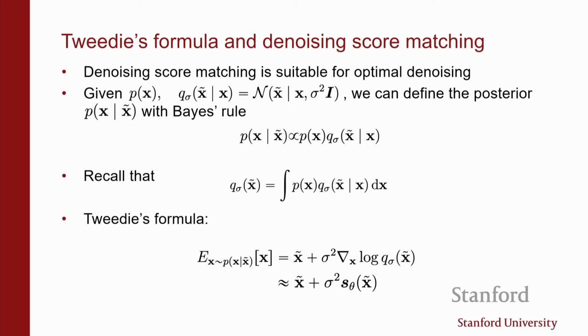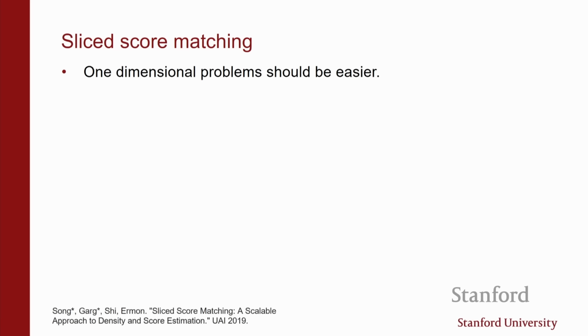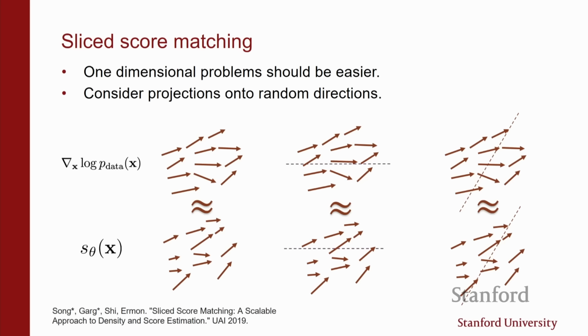Cool. So the other way to make things efficient is to take random projections. Another way of coming up with an efficient approximation to the score matching loss that does not involve traces of the Jacobians is to take random projections. At the end of the day, what we're trying to do is match the estimated vector field to the true vector field.